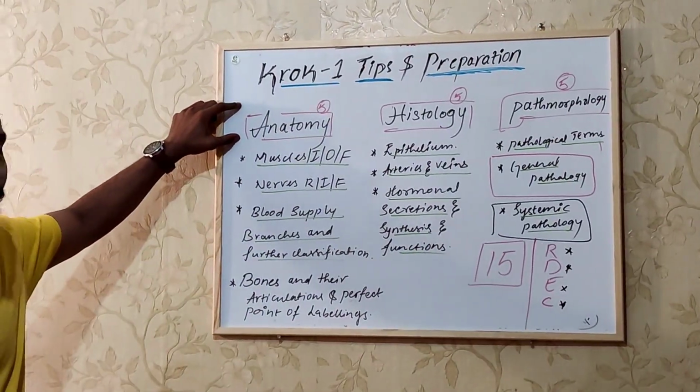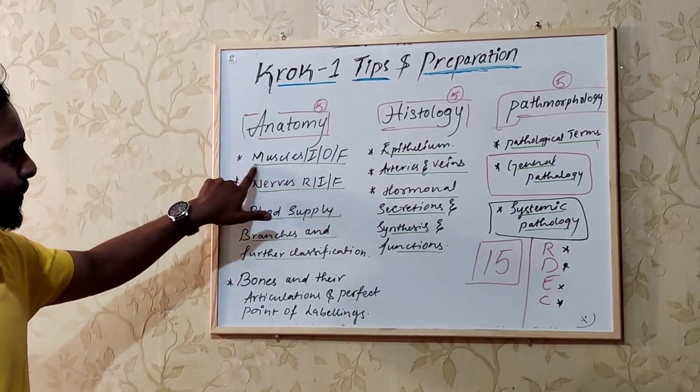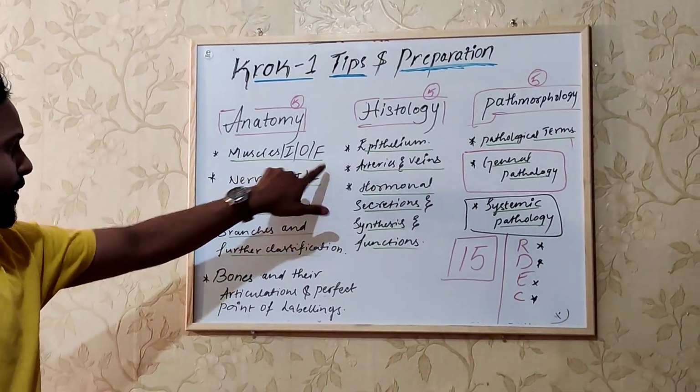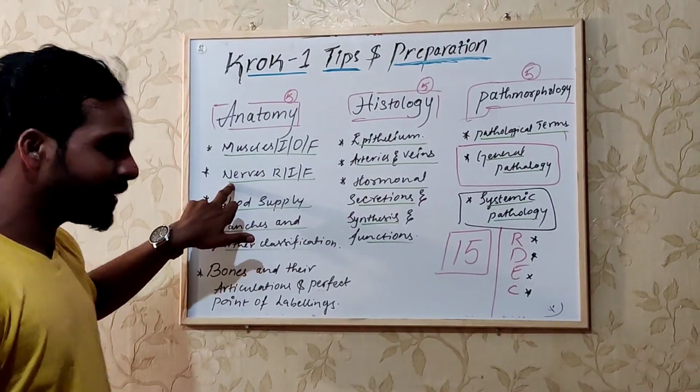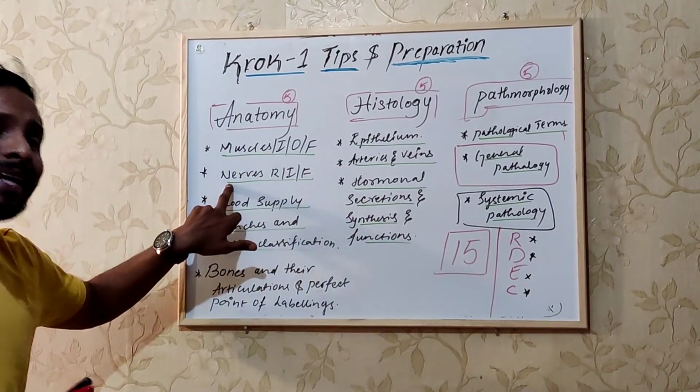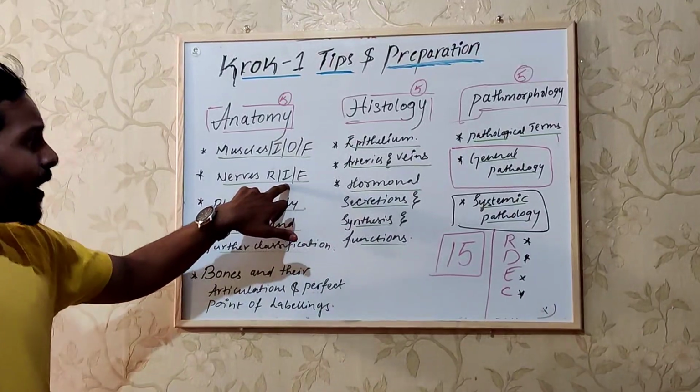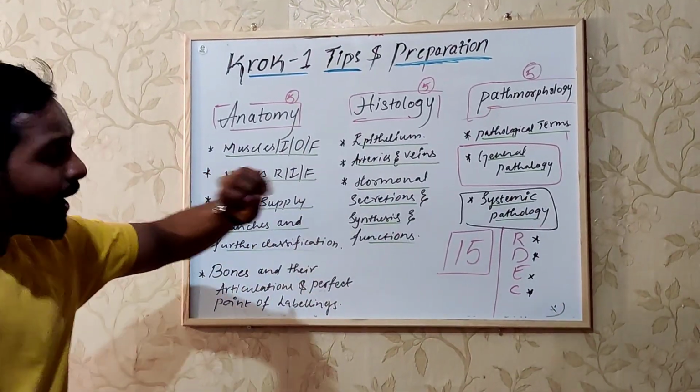For example, in anatomy, you need to concentrate on the muscles, innervation, their origin and function. When you come to the nerves, the innervation exactly to the region and their function.